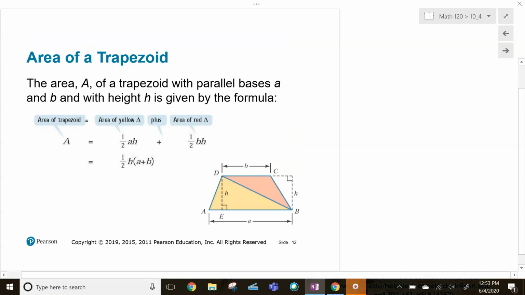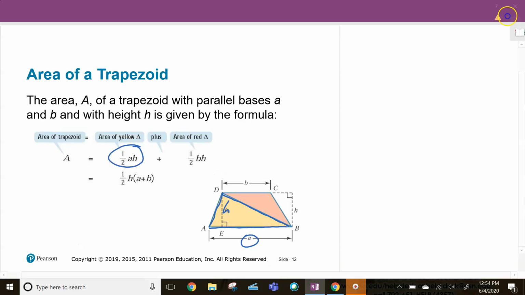All right, how about area of a trapezoid? A trapezoid is a quadrilateral where we have just one set of opposite sides parallel. If you were to split that, you'd have two triangles. You'd have the one in yellow that I've outlined. So we have 1/2 base, which is A, times the height H, so 1/2 AH.